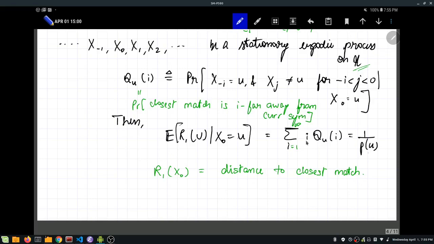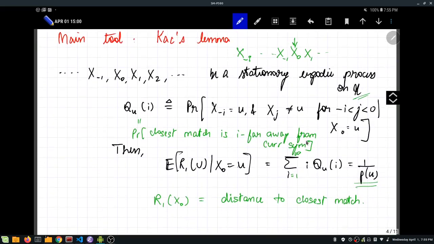And what Kac's lemma says is that this is equal to 1 over the probability that U occurs in the sequence. So if you look behind from the current symbol, the expected distance to the closest match is in fact equal to 1 over the probability of occurrence of U.